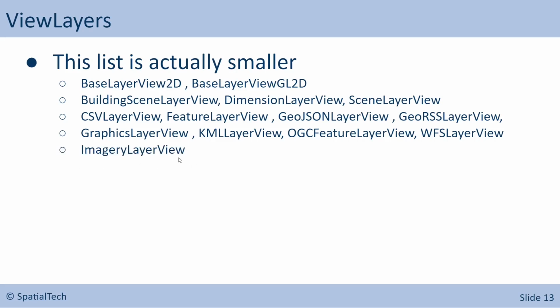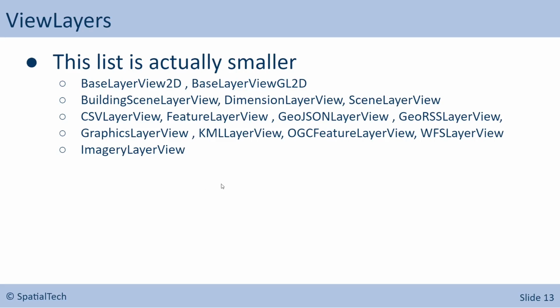Now, image layer view is kind of interesting, but maybe you need to dynamically turn off different layers. Different than querying, but you do have a view that you can manipulate on the client side without having to go all the way back to the server to change something or get new data. That's why these exist, right?